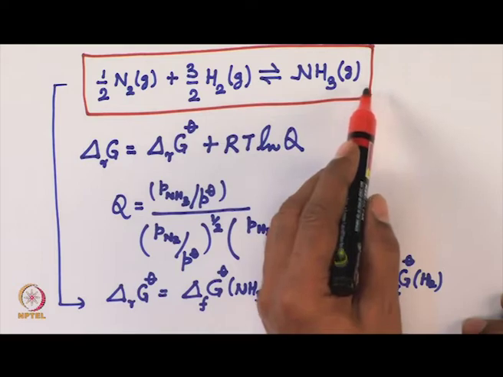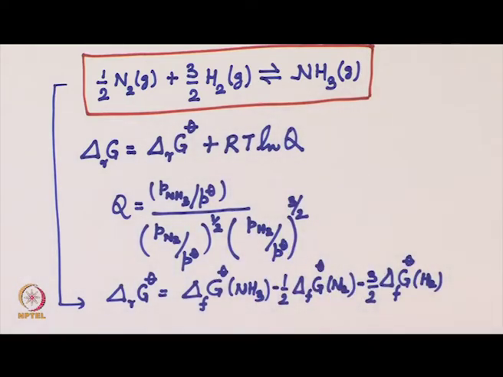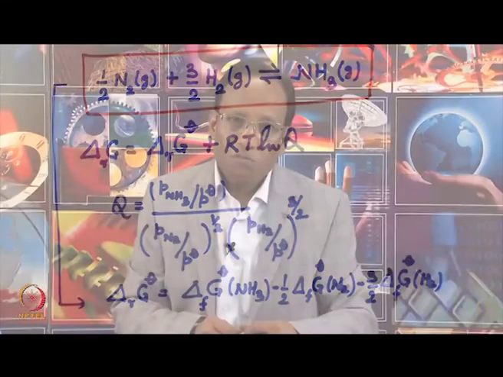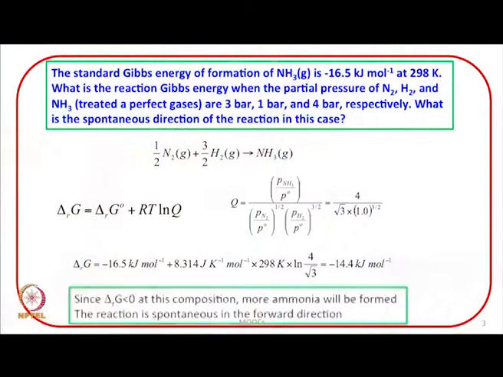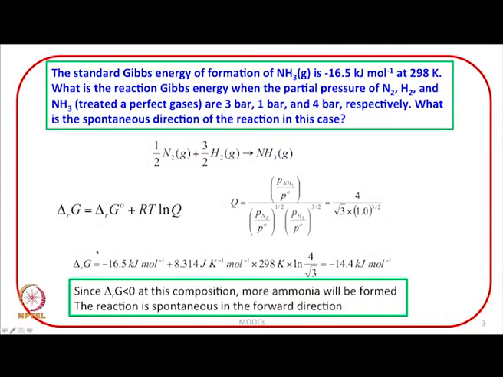That means more ammonia will be formed, and that is what is commented upon in the slide. Since delta R G is less than 0 at this composition, more ammonia will be formed. That means the reaction is spontaneous in the forward direction.